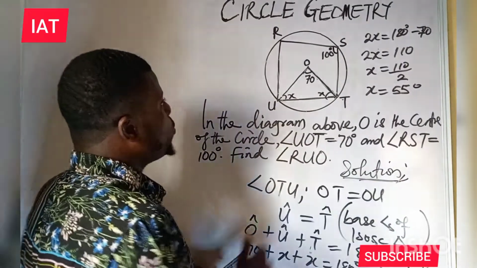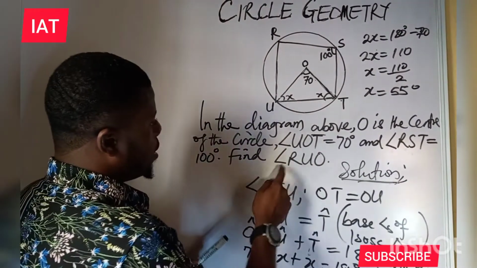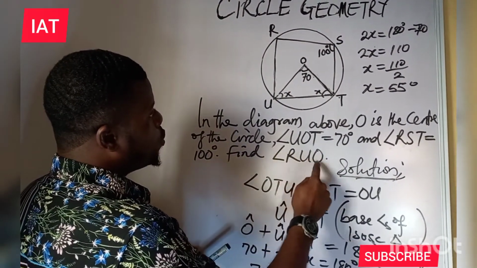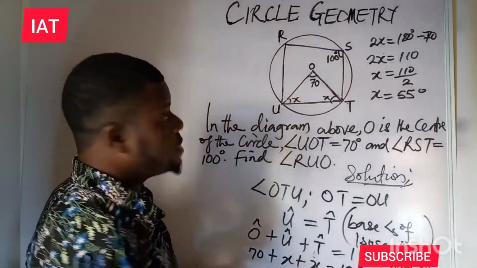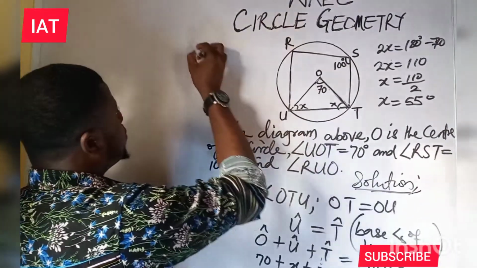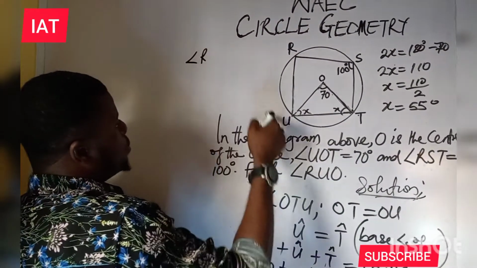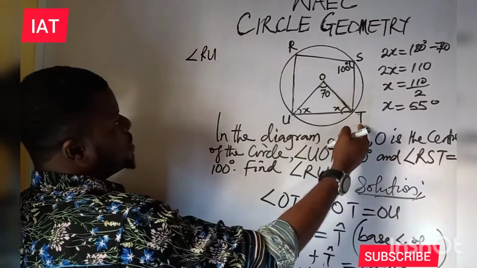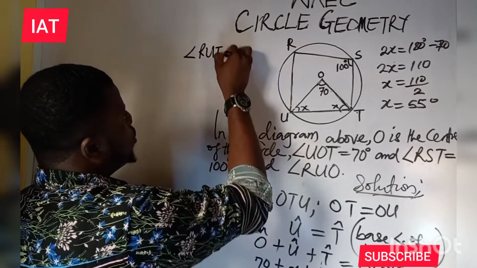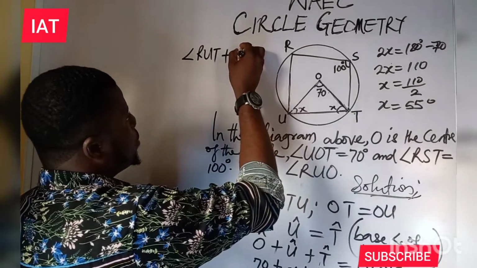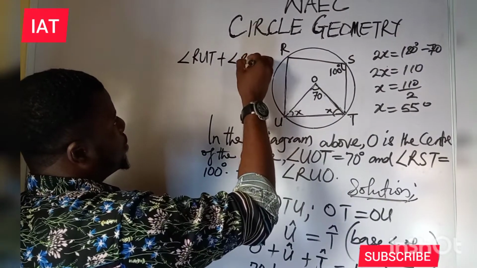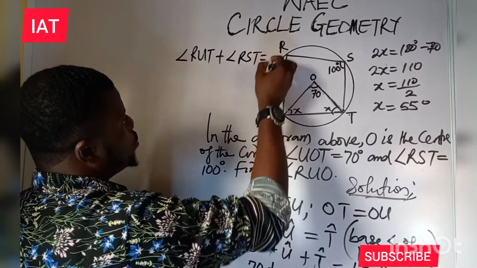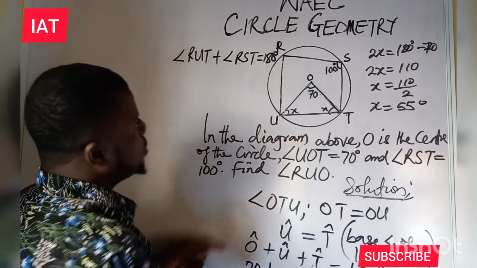Finally, we are requested to find angle ROU. But before we find angle ROU, note that angle OUT plus angle RST is equal to 180 degrees.